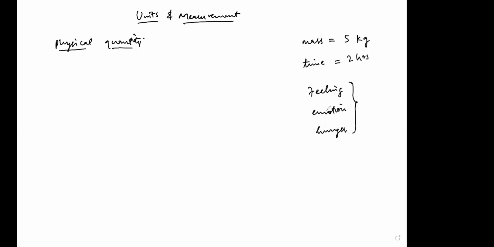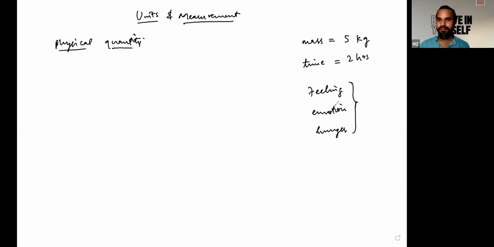No, sir. So we can say these are not physical quantities. From this, we can conclude physical quantities are those quantities which can be measured in terms of some numerical value, and there must be some SI unit specified for that given measurement. Okay.